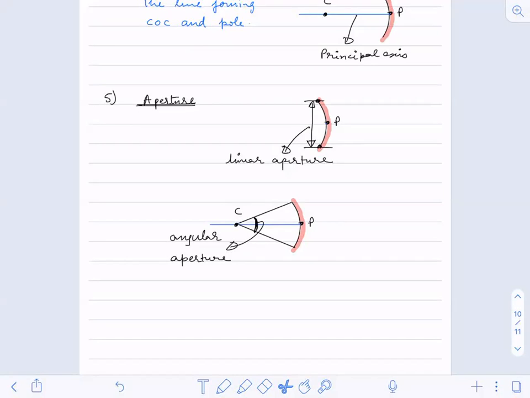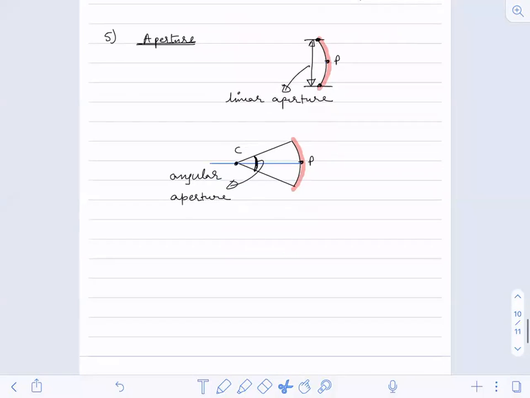It will not be a mirror. The reflecting surface will then be a plane mirror. You will have a structure like this.